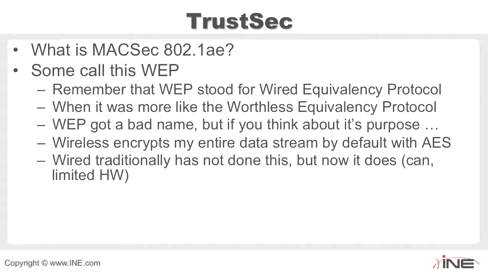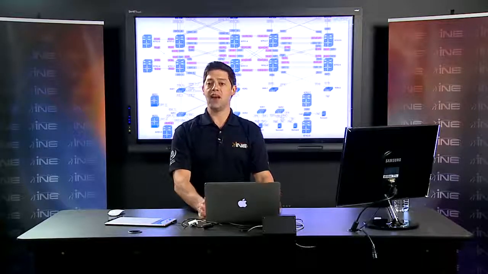But wired traditionally has not done this. Okay, we could add layer 3 encryption with IPsec or VPN, all the different flavors of VPN that we could do. But if I just had an Ethernet segment, I didn't typically or traditionally have encryption, certainly not without a layer 3 type encryption. I didn't have a layer 2 encryption. But now it does.